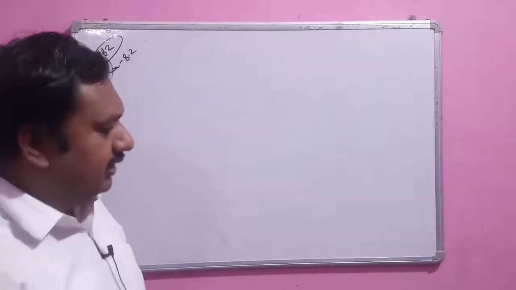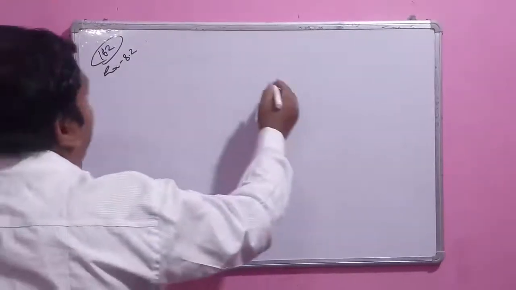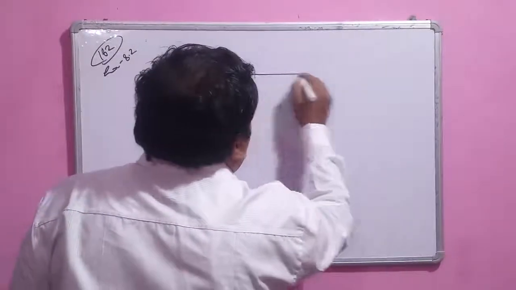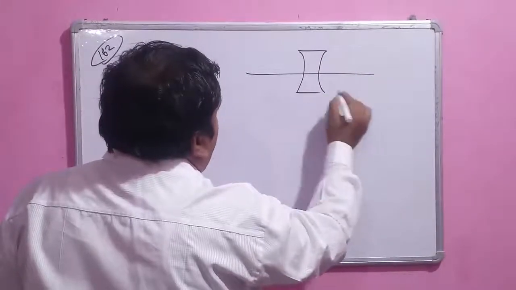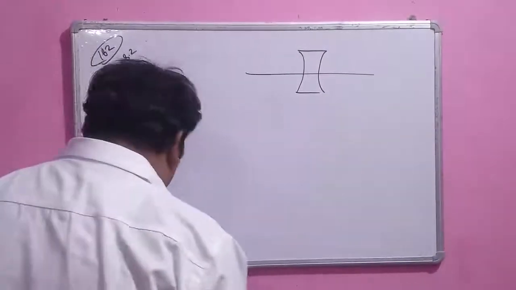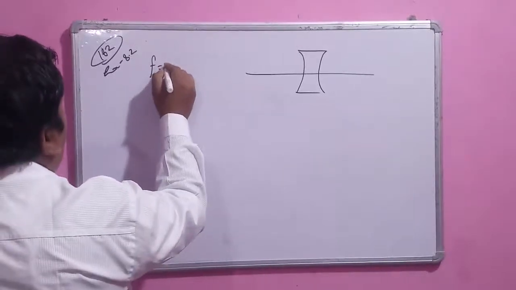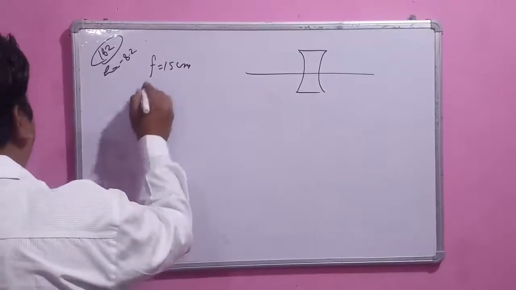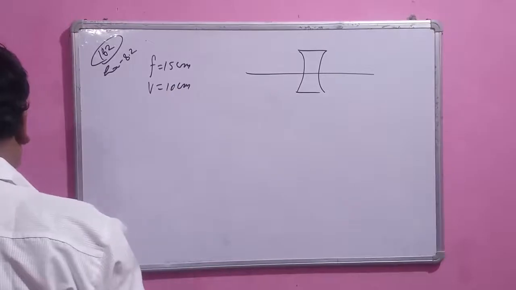So in the question, there is a concave lens. So suppose I am drawing the diagram here. The given values are focal length f equal to 15 centimeter and image distance equal to 10 centimeter.